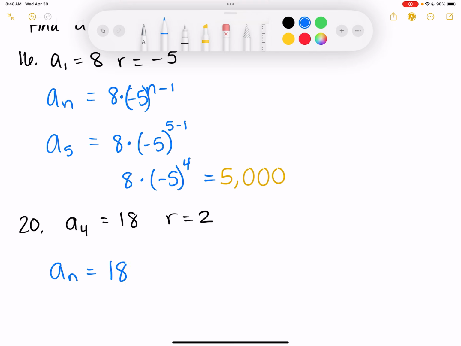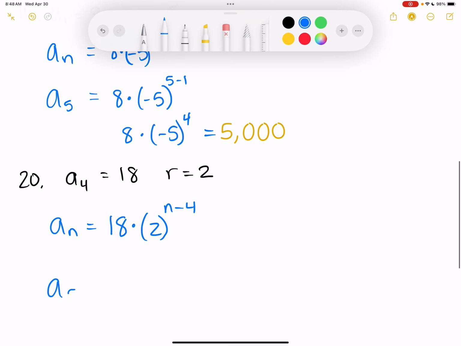So I have 18 times r, which is 2, raised to the n minus, now in the last one it was 1 because the first term was 1, but since I'm using the fourth term, this is going to be n minus 4. And then the fifth term would be 18 times 2 raised to the 5 minus 4. So that ends up just being 18 times 2, which is 36.